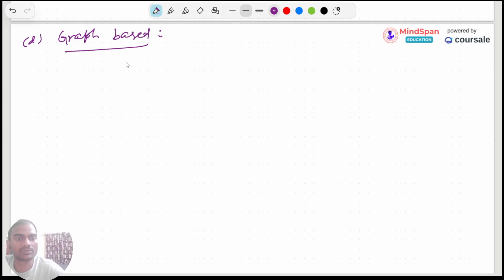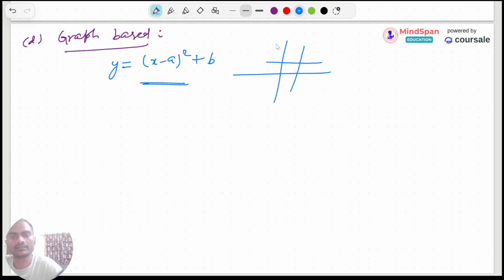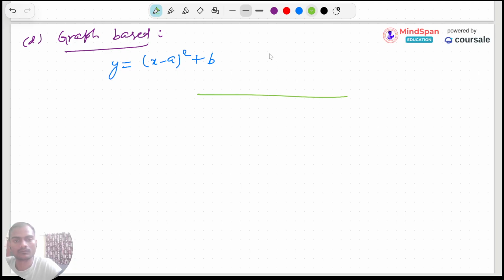For example, whatever example I gave in the last to last example, suppose y equal to (x minus a) whole square plus b, then even a rough graph of this function will give you an idea of the domain and range. This is x and this is y.